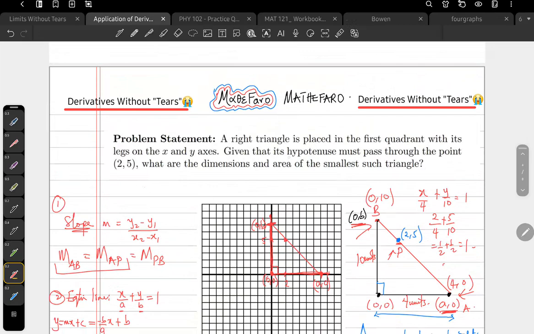You have to read the question to understand the problem statement, identify the variable or the equation you want to optimize. And when we say optimize, it could be to get the maximum value or to get the minimum value. Then we also have the constraint equation. In this case, it is the fact that the hypotenuse must pass through the point (2,5).